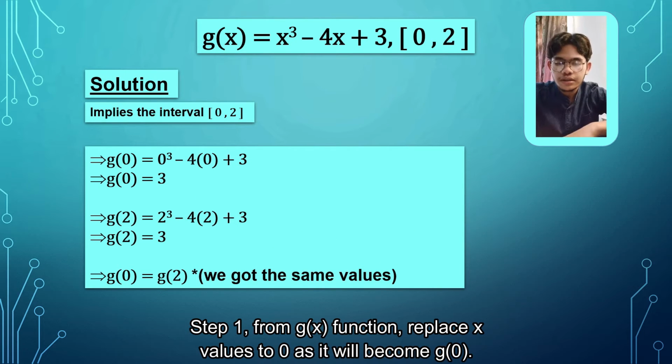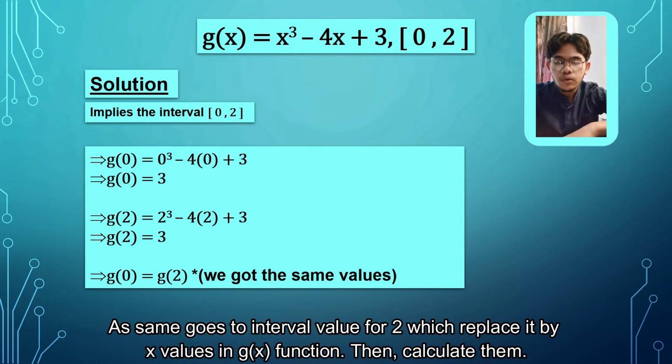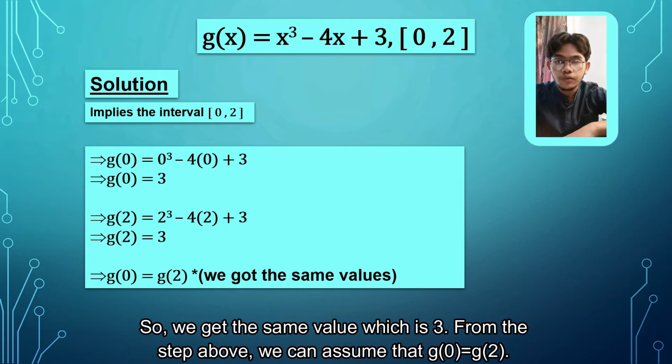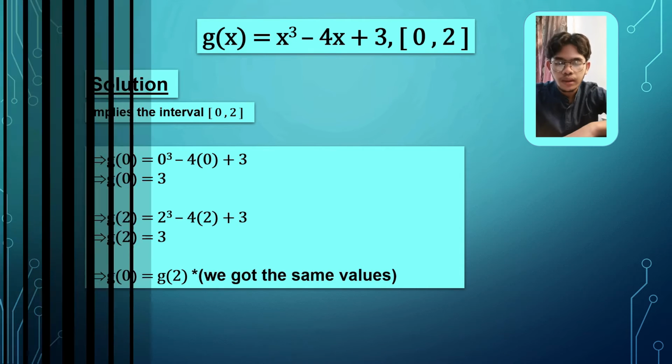From the g(x) function, replace x with 0 as it will become g(0). The same goes for the interval value 2, which we replace for x in the g(x) function. Then calculate them. So we get the same value, which is 3. From the step above, we can assume that g(0) equals g(2).